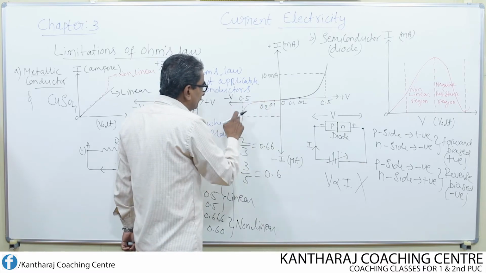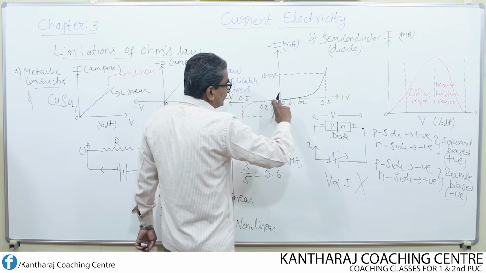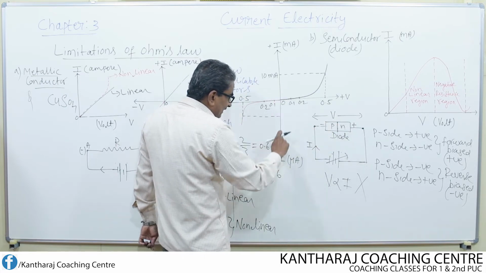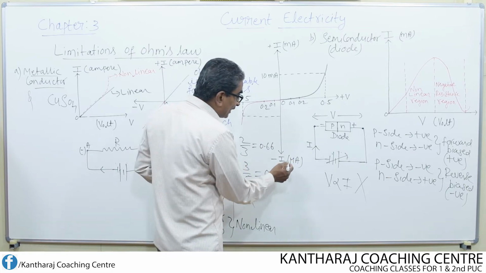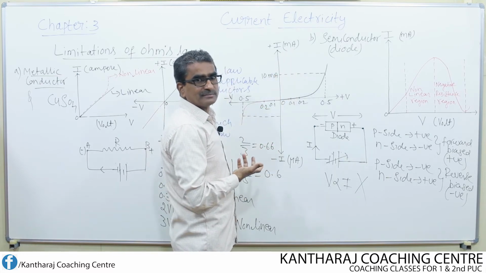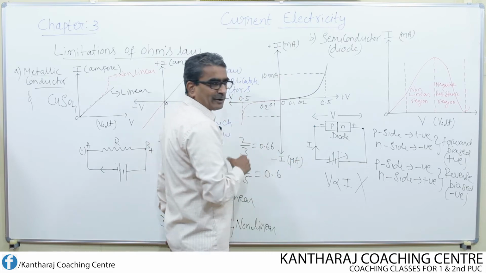Here for 0.5, what's the current? The current is found to be small. For the reverse bias, the current is small because it is measured in microamps. Here the current is measured in milliamps. A milliamp current is larger than a microamp.